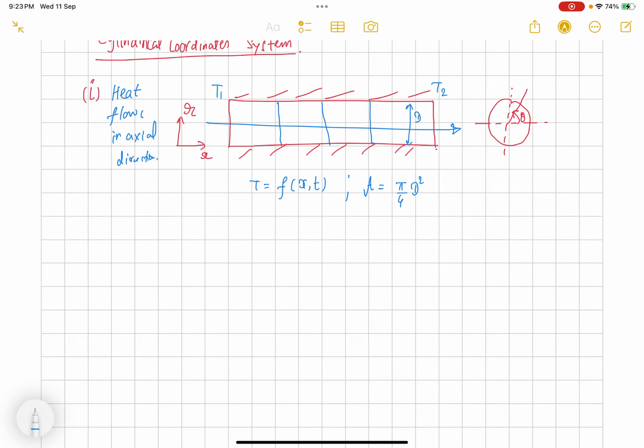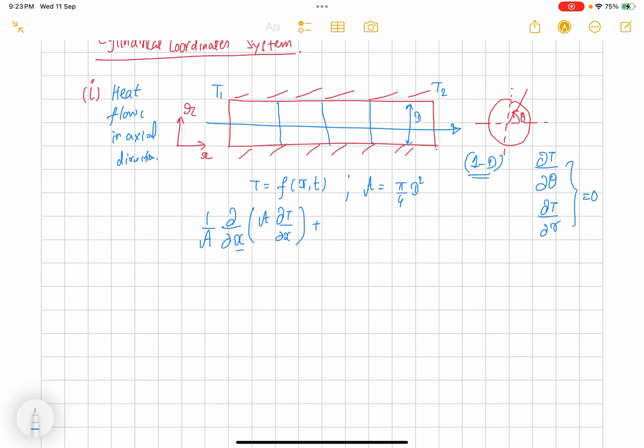Okay, so we can write the heat equation again in generalized form, one by A times del by del x of A del T by del x. Since we are considering only one dimensional heat flow, there is no change of temperature with respect to theta as well as with respect to r. Only the one dimensional case we are considering.